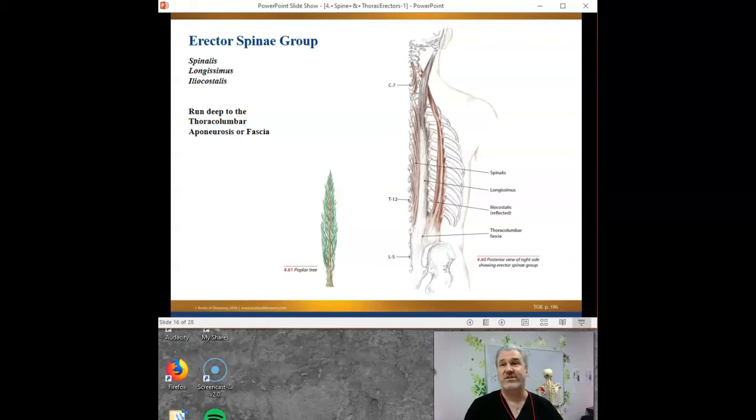Now we're going to say the muscles in that group: spinalis. Beautiful. Longissimus. Long-is-simus. Beautiful.